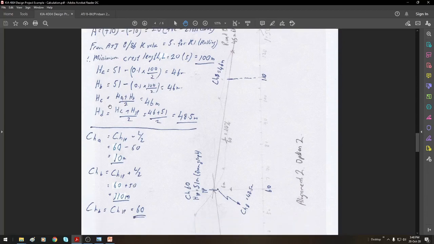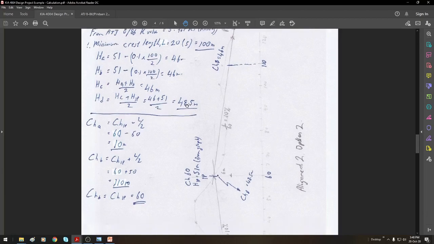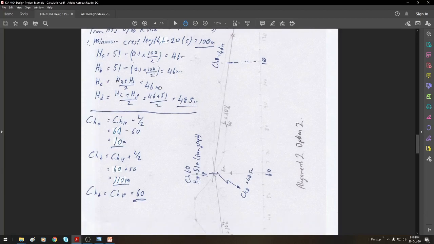HC, which is HA plus HB divided by 2, is 46 meters. And finally HD, the peak of your curve, is HC plus HIP, 46 plus 51, divided by 2, you get 48.5.